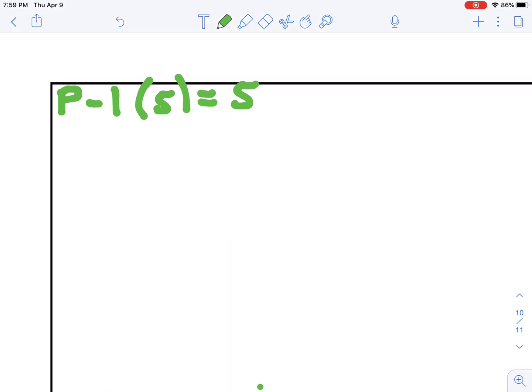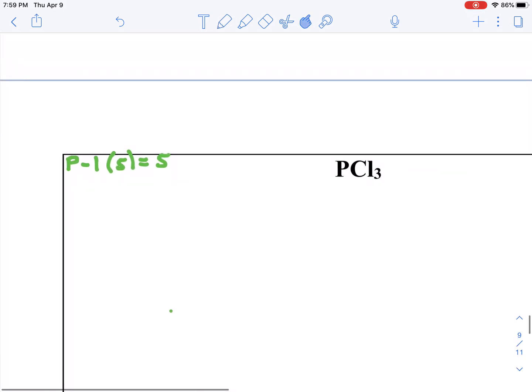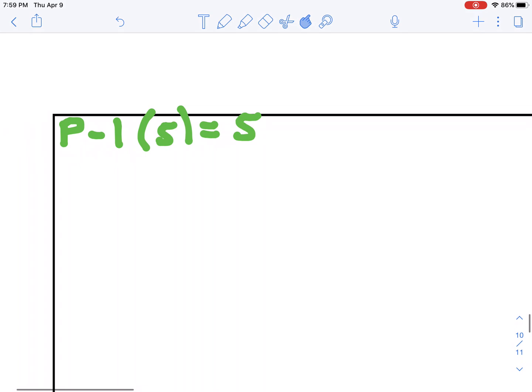So here's what we're going to do. We're going to make a little calculation of valence electrons up here in the corner. We have phosphorus. How many phosphoruses are there? Well, there's 1 phosphorus. How many valence electrons does it have? Well, it has 5. So 1 times 5 means that for phosphorus, we are going to show 5 valence electrons. There are also 3 chlorines.